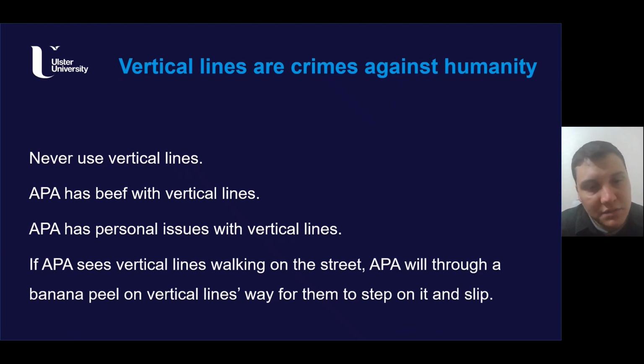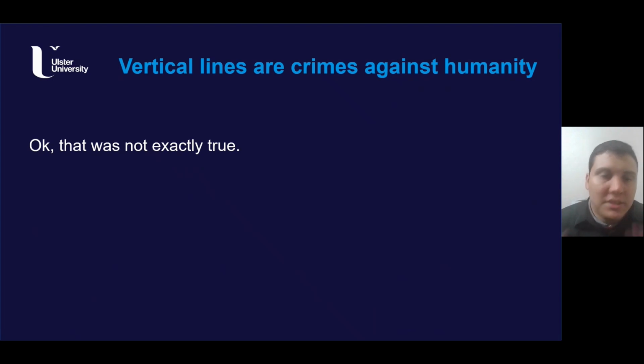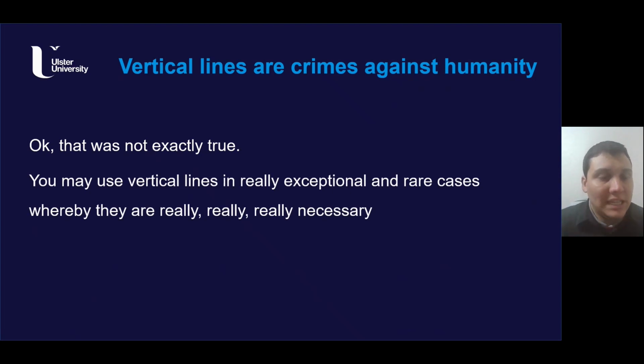If APA sees vertical lines walking down the street, it will throw a banana peel on the way for the vertical lines to step on it and slip. That's not exactly true. In situations where you really, really, really need vertical lines, you are going to use vertical lines, but you must really need them. And you actually almost never really need them.